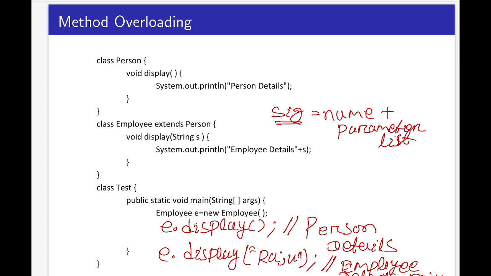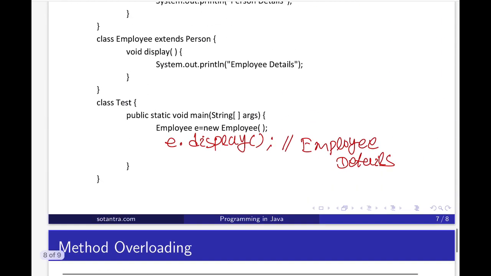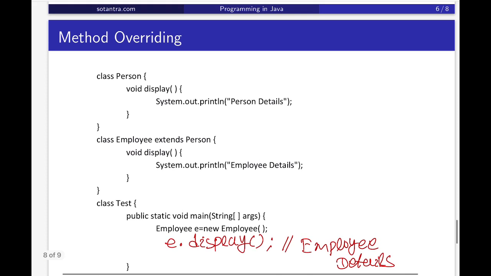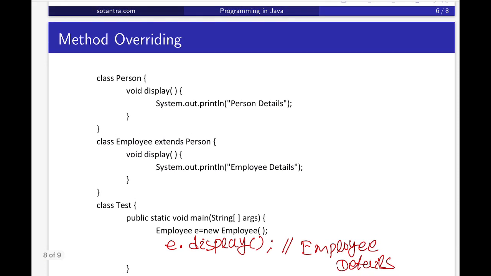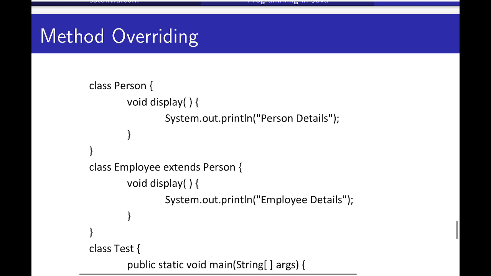Now suppose we are writing some method, assume this display method is here. Now if we want to prevent this method from being overridden, that means we don't want some child class to override this method, for this we can add the keyword final.